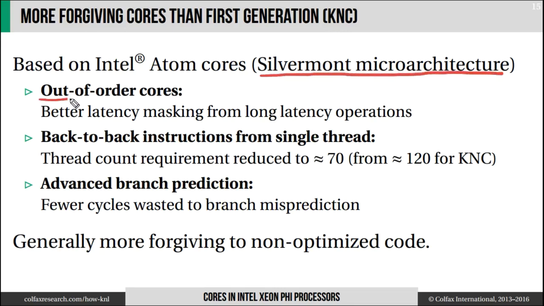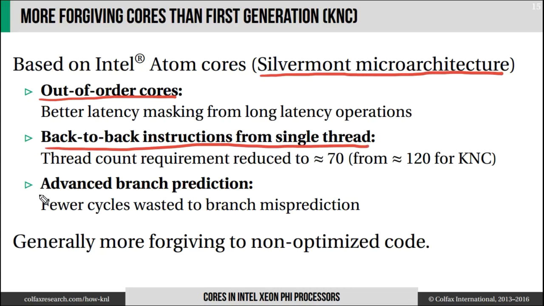As a consequence, they have out-of-order execution, and this gives you better latency masking. They can issue back-to-back instructions from a single thread, so you just need to run one thread per core to use all of the resources. This is different from first generation, where you had to have 2 threads per core to use every cycle.